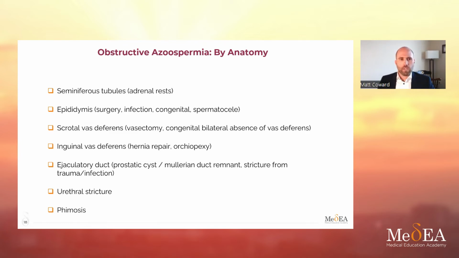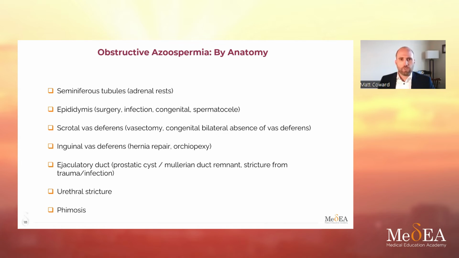You can have obstruction at the level of the seminiferous tubules, and an example of that would be a male patient with a history of congenital adrenal hyperplasia who's developed adrenal rests within the testicle, which can obstruct the seminiferous tubules. Epididymal obstruction is one of the most common sources of obstruction. The epididymis can be obstructed by prior surgery, infection, congenital causes of obstruction, and then spermatoceles.